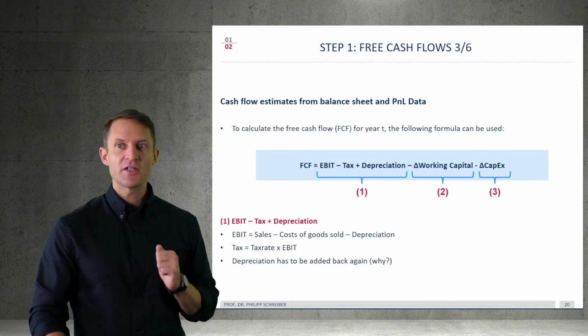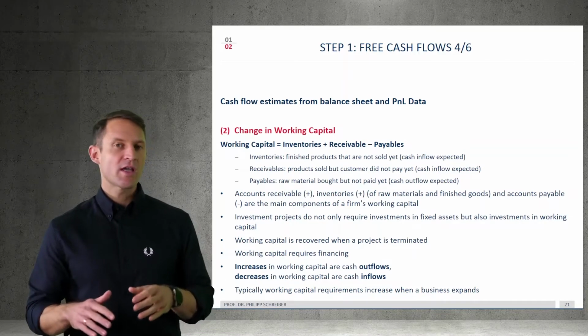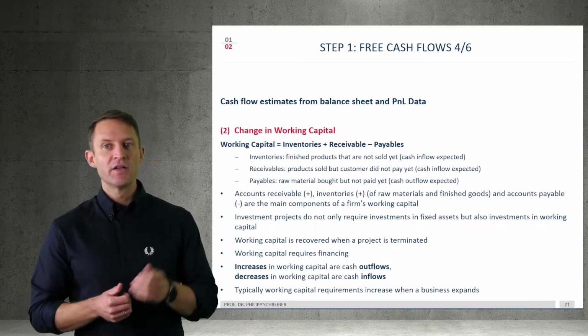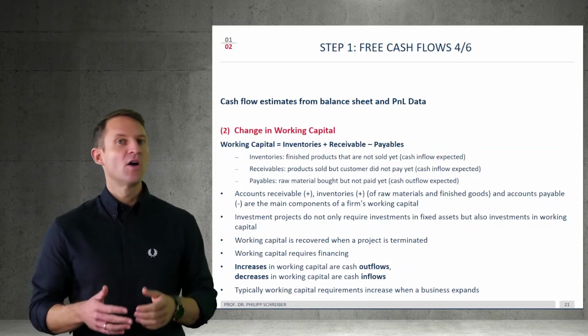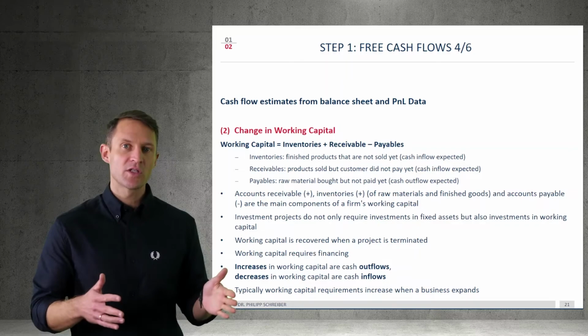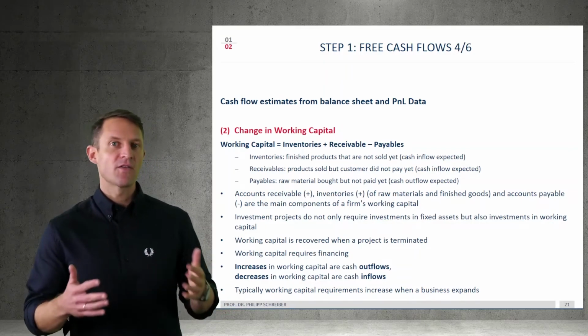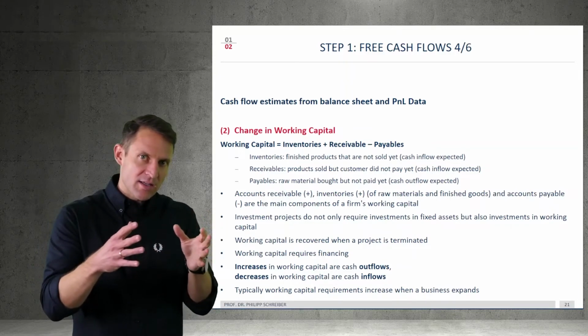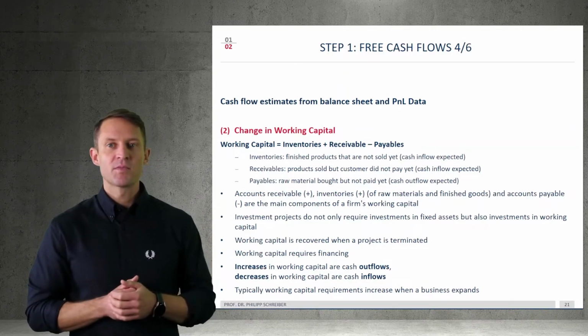Second part, change in working capital. So change in current assets. Working capital, what are current assets? Inventories, receivables, and payables. Inventories are finished products that are not sold yet, or raw materials, and stuff like this. So everything in the current assets, things that remain in the company for a short period of time.